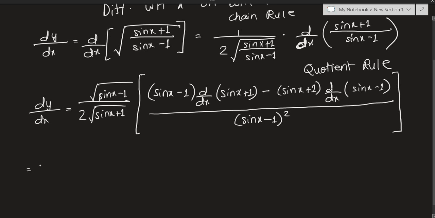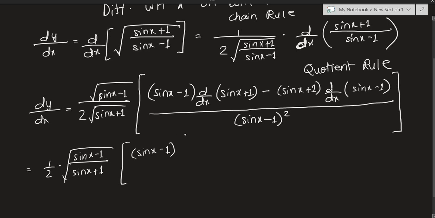So we have 1 over 2 times the square root. I can take this under a common root. Sine of x minus 1 divided by sine of x plus 1, and here we have sine of x minus 1 because we chose to ignore that first, times the derivative of sine of x plus 1. Well, look at this, sum of two things, property number 3. So derivative of sine of x is cosine of x, and the derivative of 1 is 0.